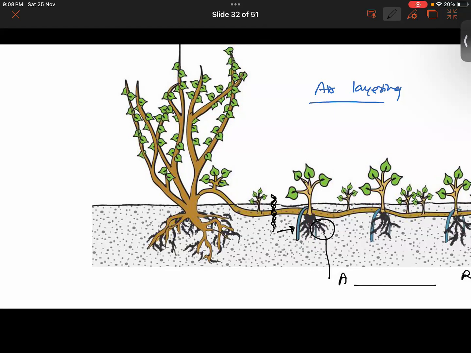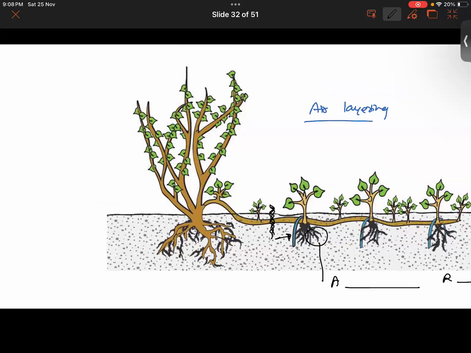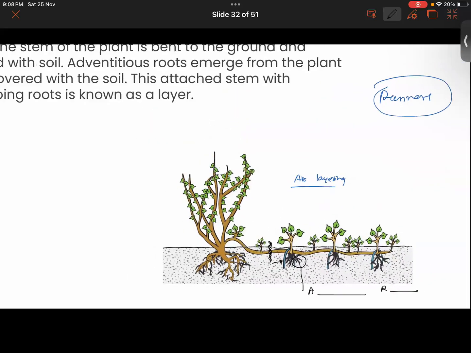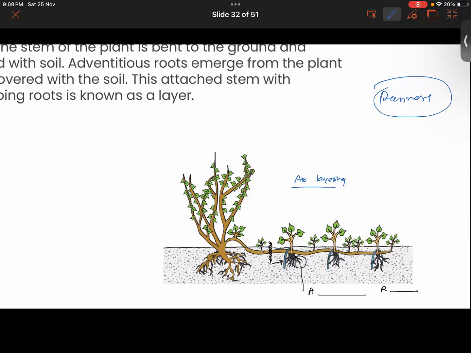Yeah, you guys are getting it or not? Yes. Sir, I don't get it. Can you explain again? Look, sometimes the branches are covered with polythene. I hope I had the diagram here. Look, it is like this.